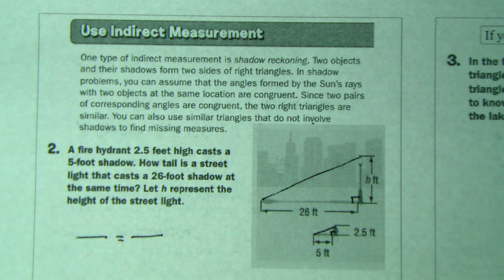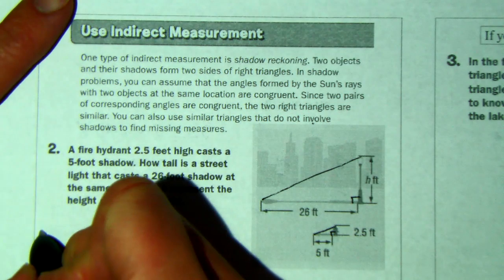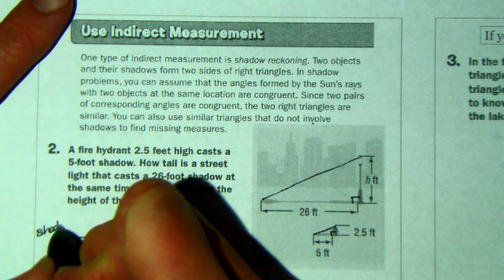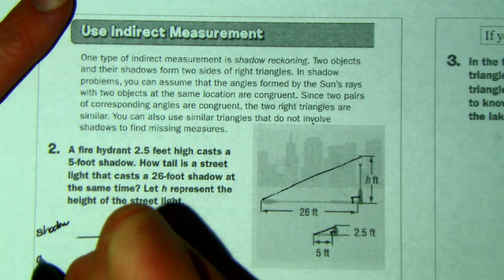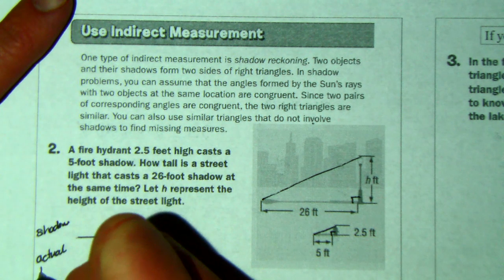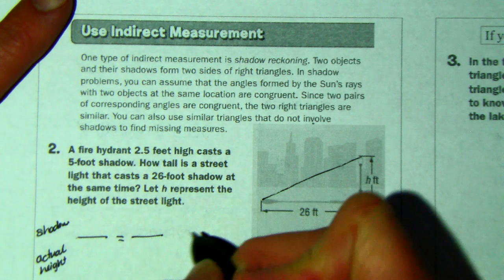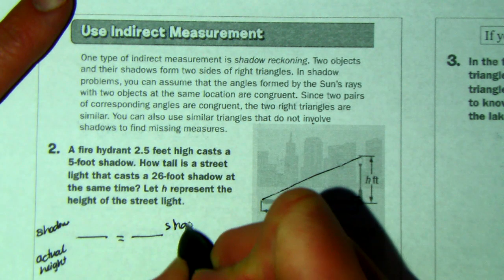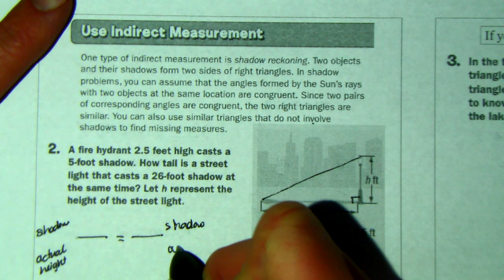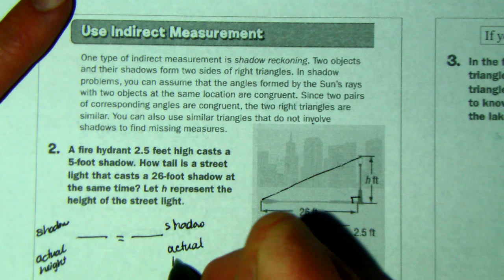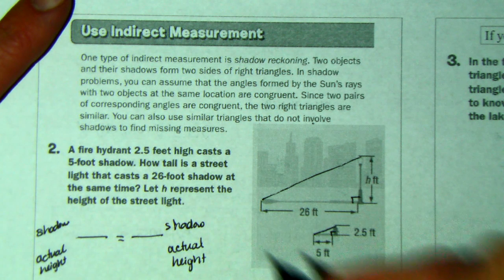And my ratios, I tend to put shadow over actual height. Shadow over actual height. Because the ratio between its shadow and its height will be the same.